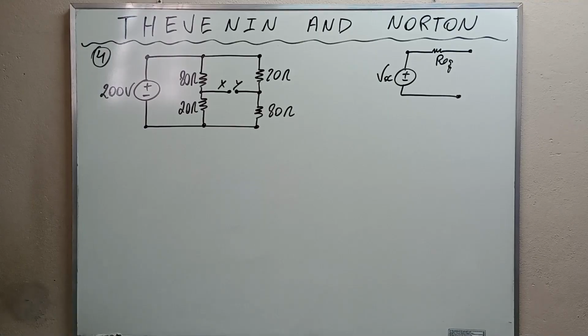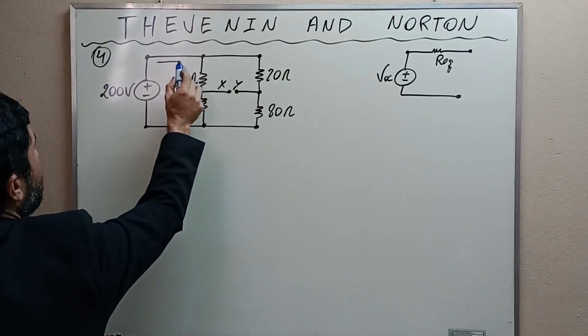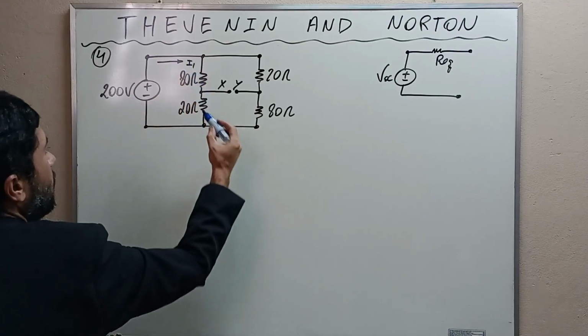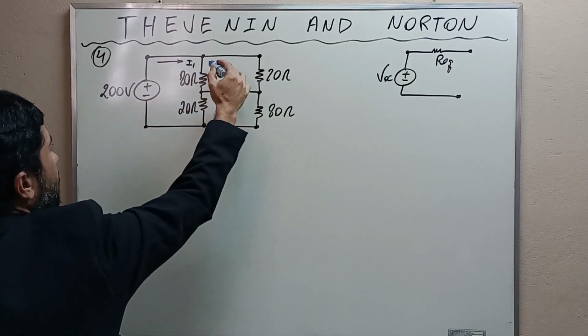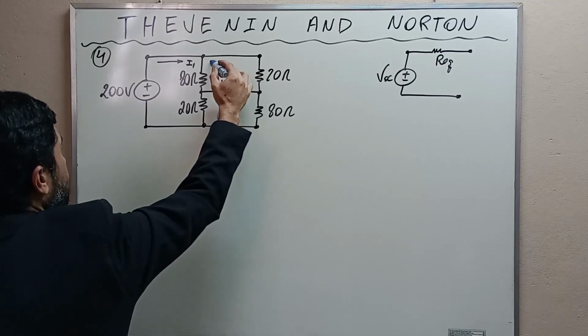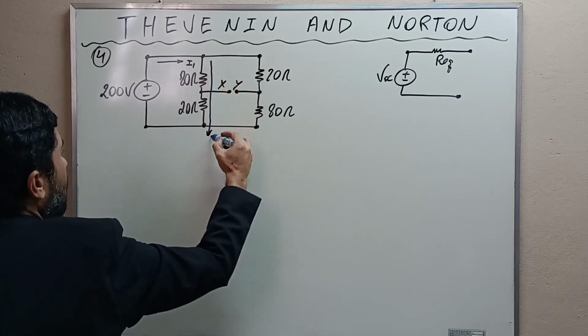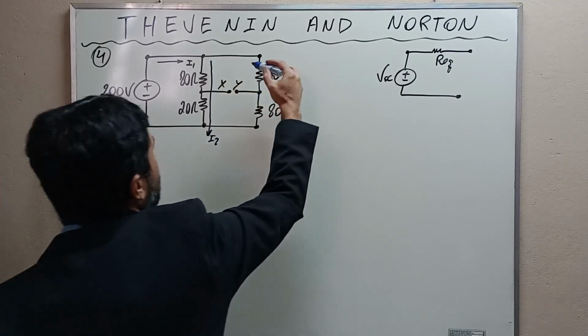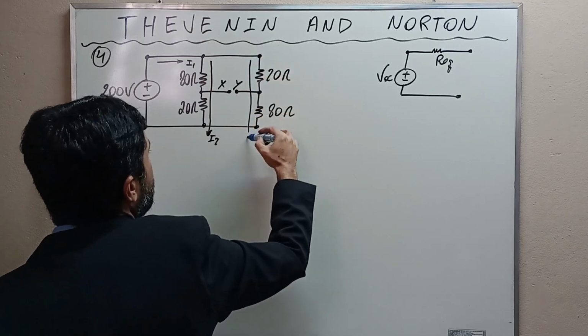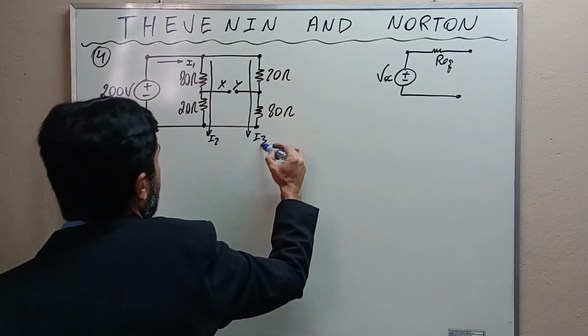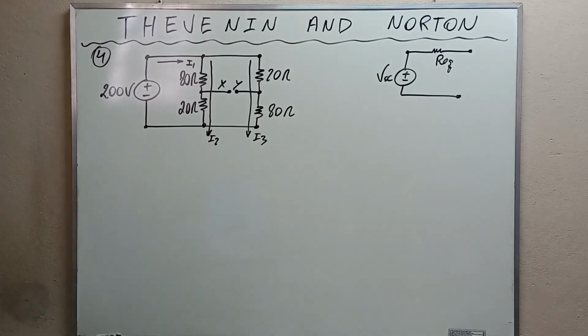Looking at the circuit, we see that, let's use some labels. I'm gonna label this current here I1, this crossing here I2, and this I3, okay? These are the currents.